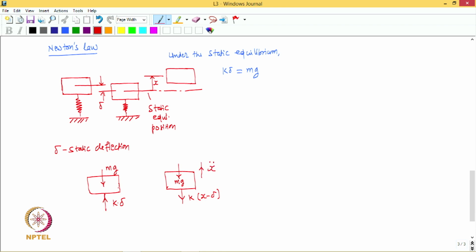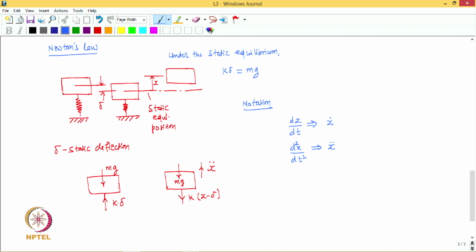The notation we are going to use here is that the derivative of displacement with respect to time once would be represented as x dot, and the derivative of x with respect to time twice would be represented as x double dot. So, each dot over x represents a derivative with respect to time once.